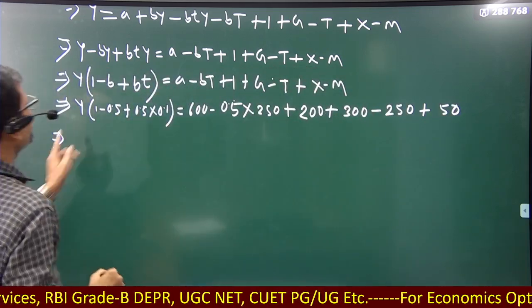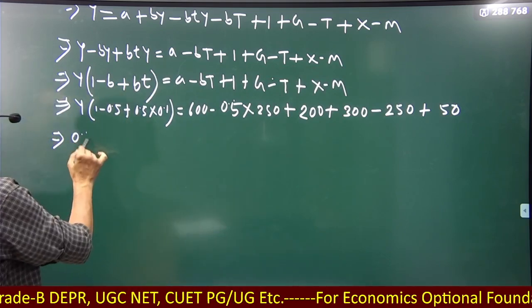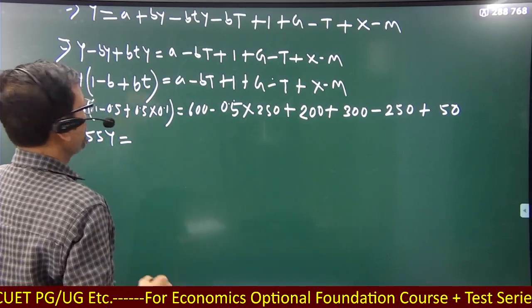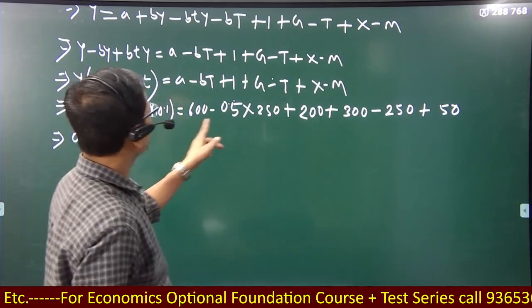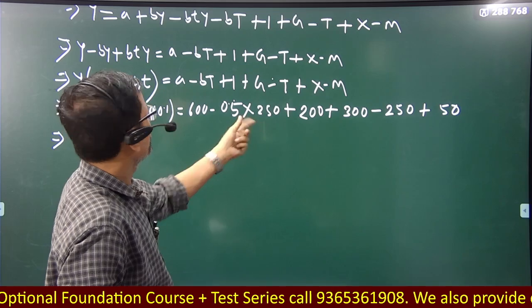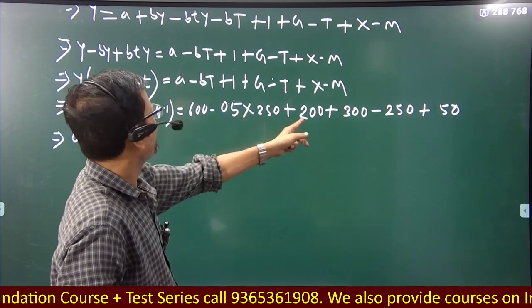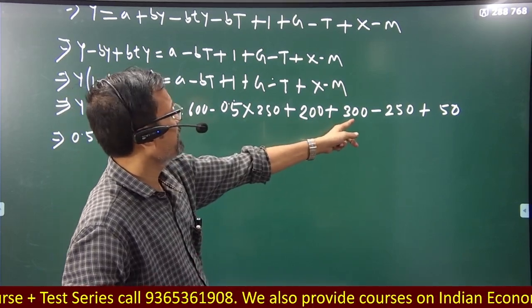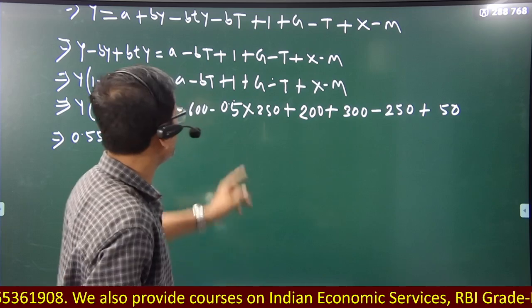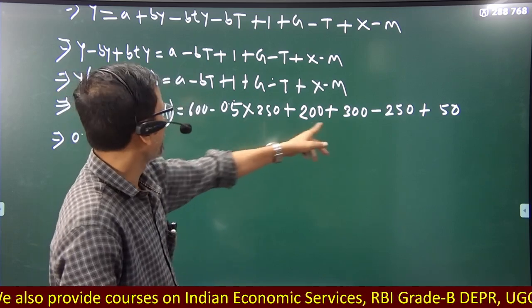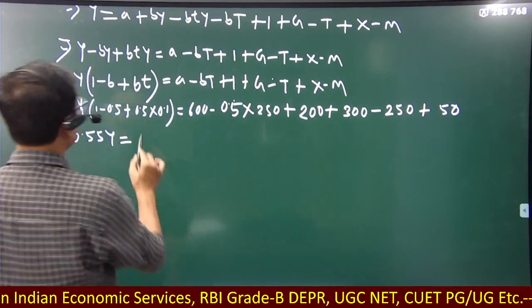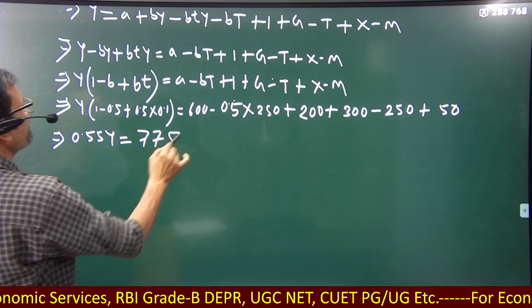So here we will get 0.55Y, and this one after solving 0.25, 600 plus 200, 800, 1100, 1150 plus 50, and a minus figure 375. So 775.